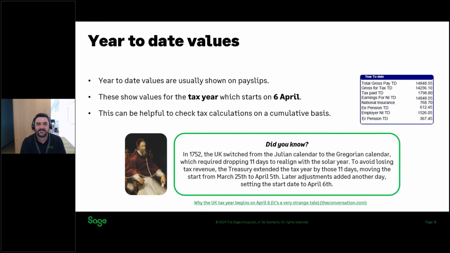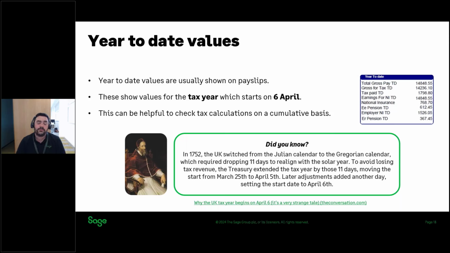But as an aside, if you ever wondered, like I have, why the tax year begins on the 6th of April, again, I've done a little bit of research and I have an explanation for you. This is all to do with leap years and calendars, and the fact that in 1752, the UK switched from the Julian calendar to the Gregorian calendar, named after Pope Gregory XIII, which is the chap there in the image on the slide.